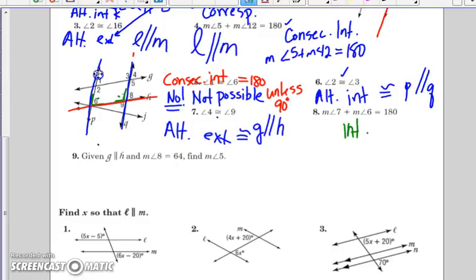They're both on the same side of the red line, which means they're going to be consecutive. And we know that if they're consecutive interior angles and those lines are parallel, then they would equal 180. So they're saying angle 6 plus angle 7 is 180, which means that line P will be parallel to line Q.